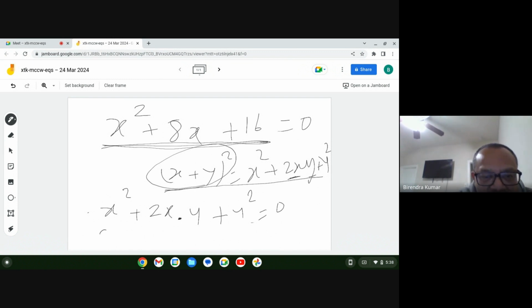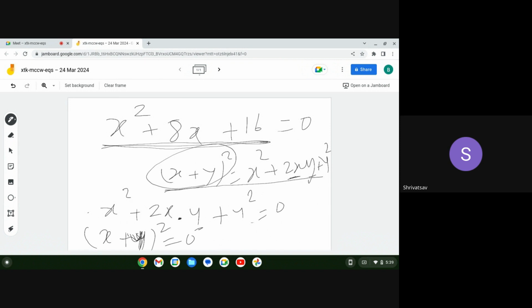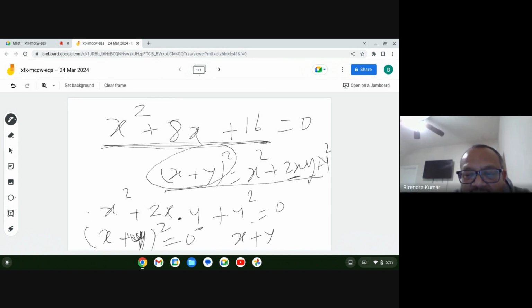So this is nothing but (x plus 4) whole square: in place of x I have x, in place of y I have 4. That means x plus 4 equals 0. There's only one option here, we don't have two options. It's (x plus 4) into (x plus 4), so that means x plus 4 is 0. That's the only option. If x plus 4 is not 0, the square of that will not be 0. So x plus 4 equals 0.